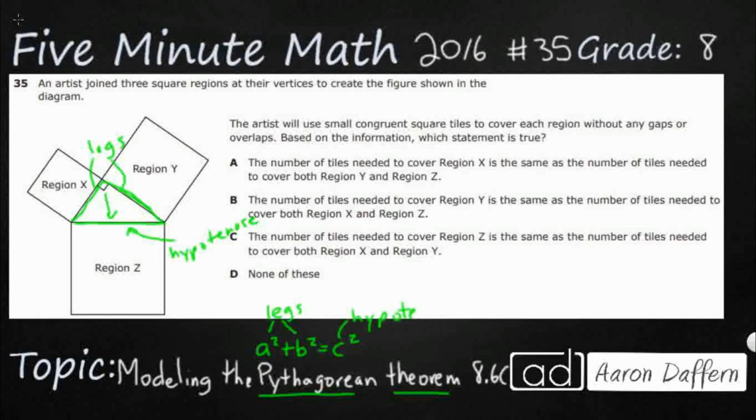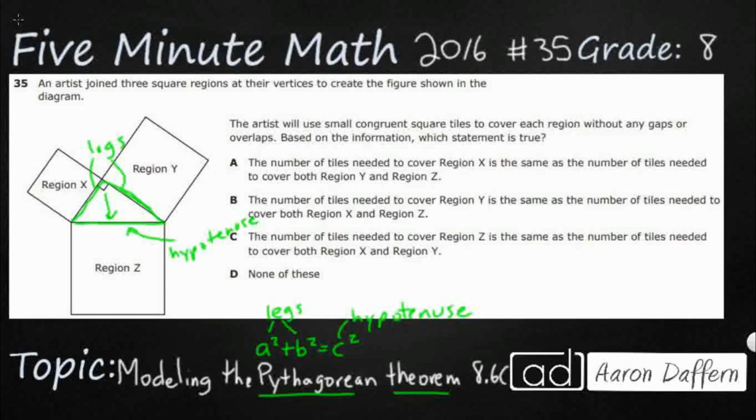So what this means is that if you square the two legs, add them together, you'll get the square of the hypotenuse for any right triangle. Doesn't matter the size. If it's a right triangle and it has this 90-degree angle, you can do that. That's kind of a cool thing that we figured out a long time ago.